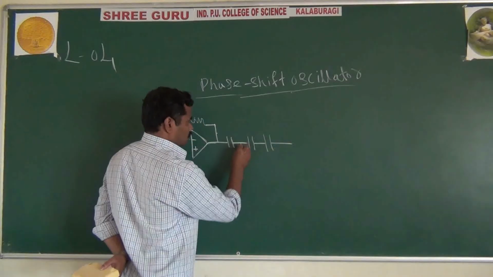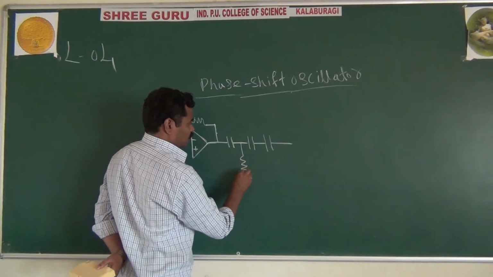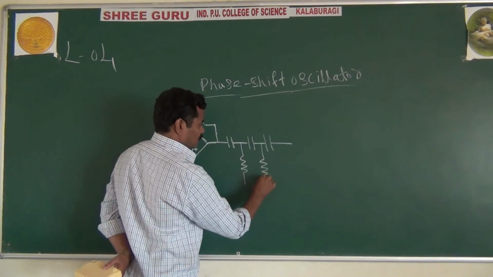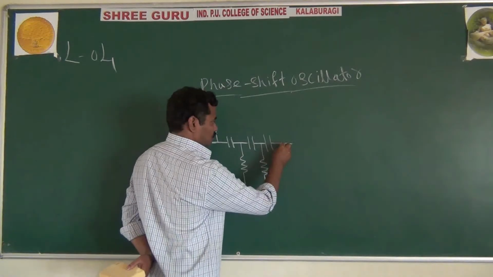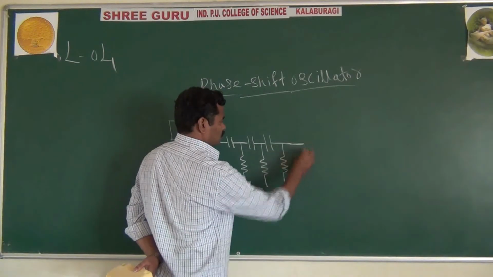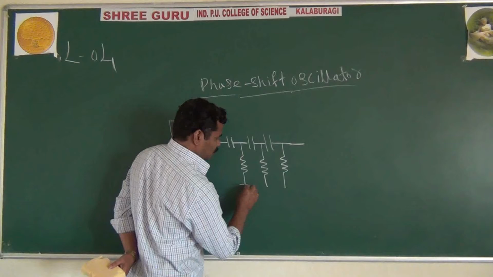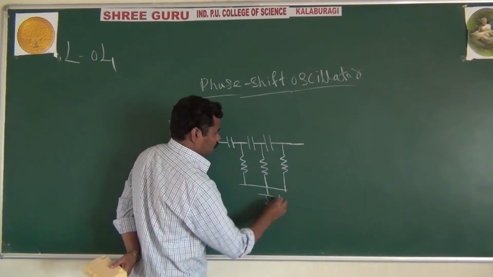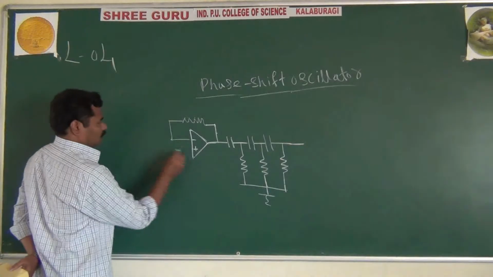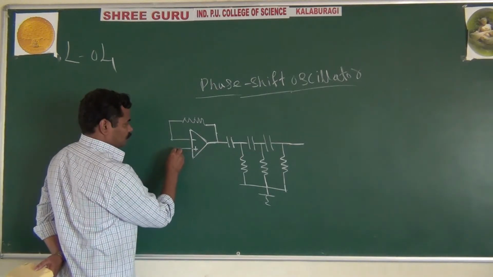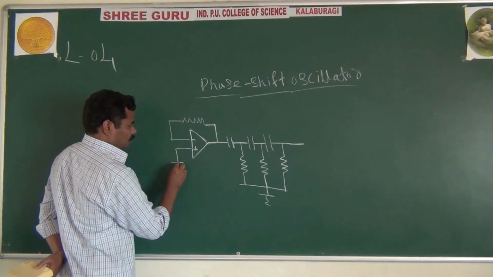And here you can use a resistor, here also a resistor, here also a resistor. These 3 resistors are connected to the ground. And here we make the non-inverting terminal grounded. The non-inverting terminal is grounded.